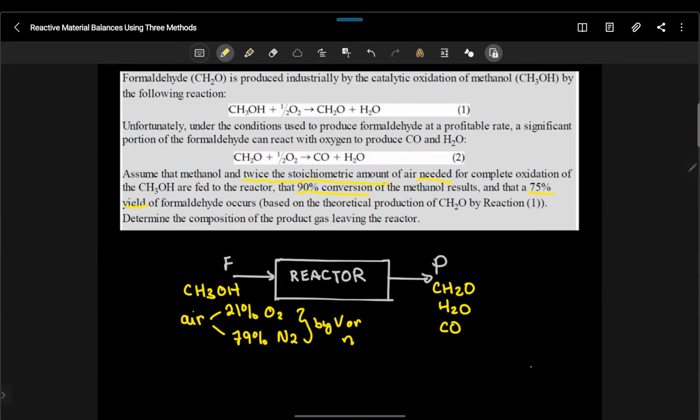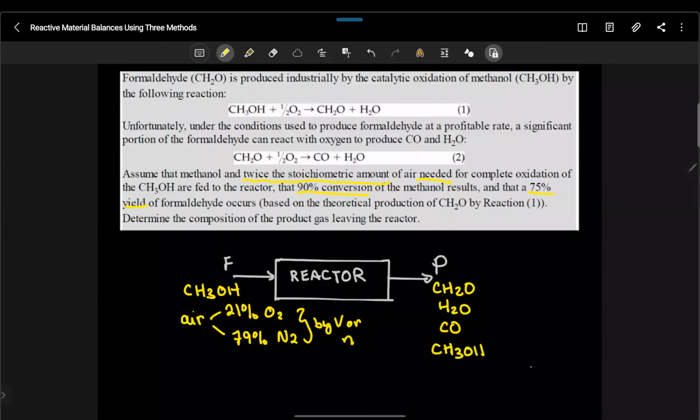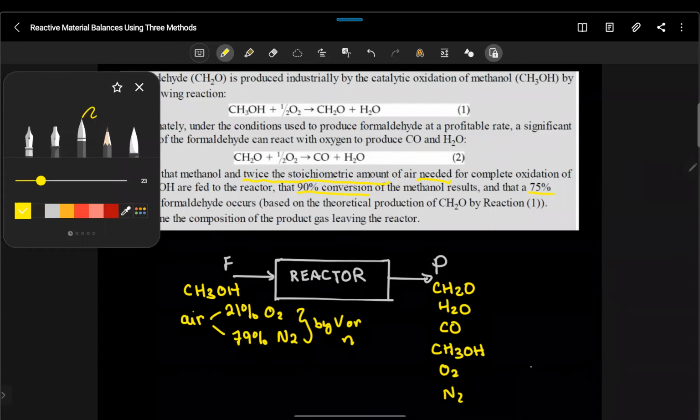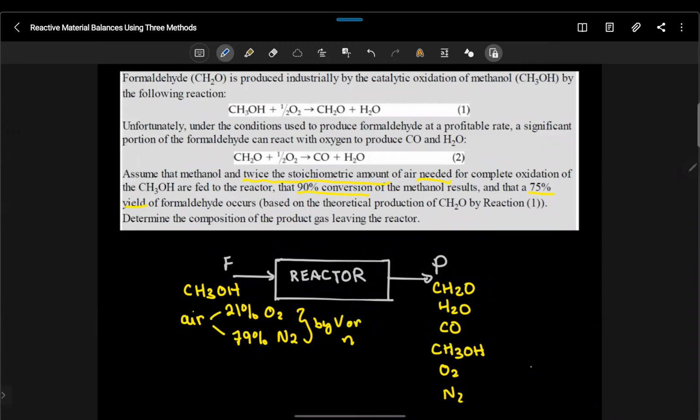And you will also expect na may matitirang methanol, oxygen, and nitrogen. Okay, so therefore we will have the following unknowns. So we need to compute for N1. So ito yung mga ina-assign kong variables now. Hanggang N6. Okay, so there will be 6 unknowns in this problem.